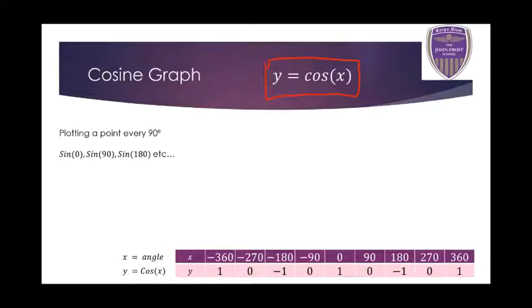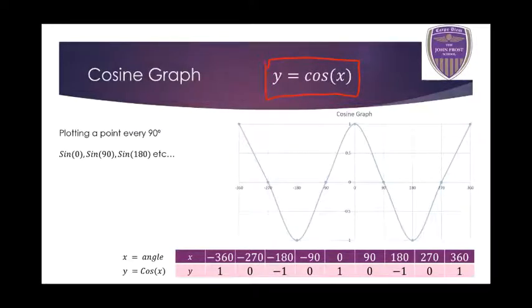We've got 1 to 0 to -1 to 0 to 1. It looks like it's just going to be a zigzagging graph again. Well, let's see what the graph tells us. If we look at the graph, it actually looks very similar to the sine graph, okay? It looks like it's zigzagging, it's repeating itself. So this cosine graph is going to look very similar to the sine graph, I think.